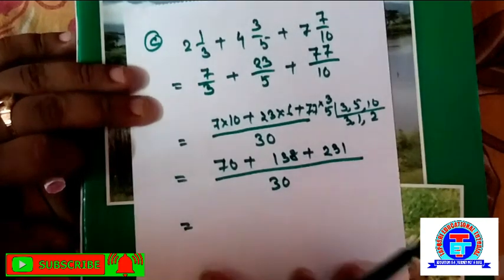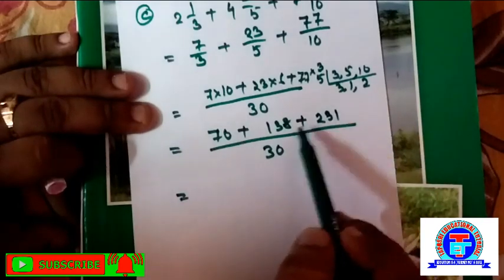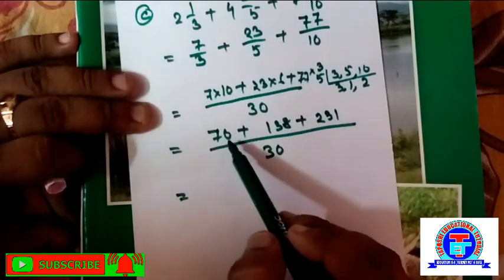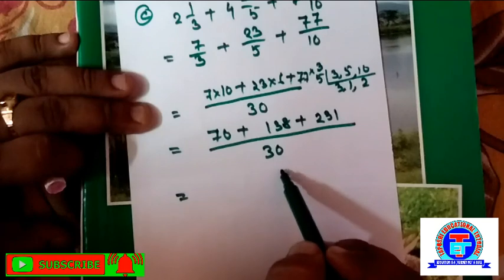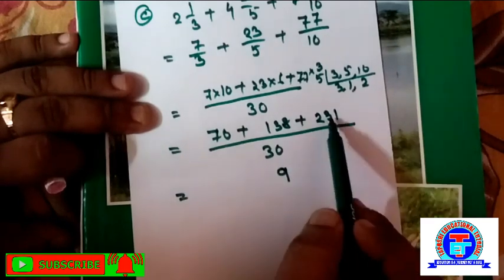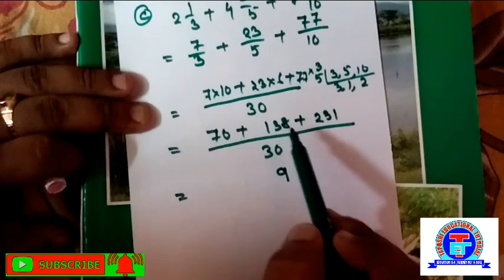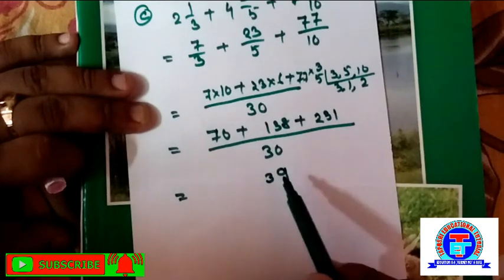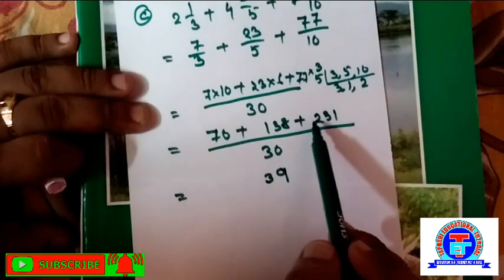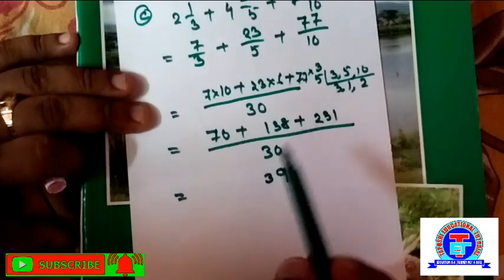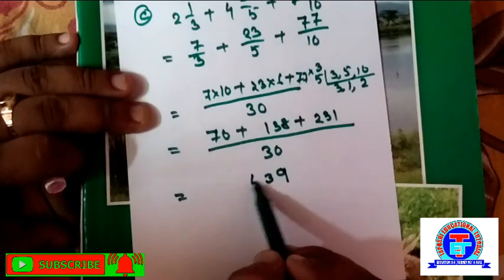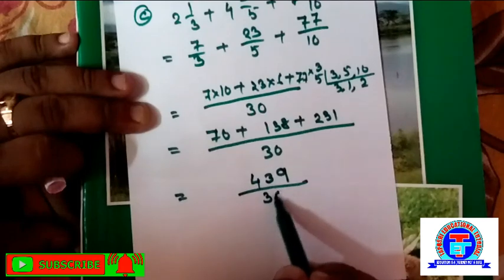Now add this: 9 and 0, 9. Then 3, 6 and 7 is 13, 1 carry, then 2, 3 and 1, 4 by 30.